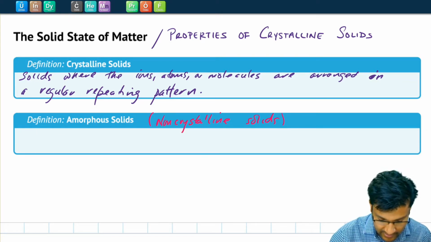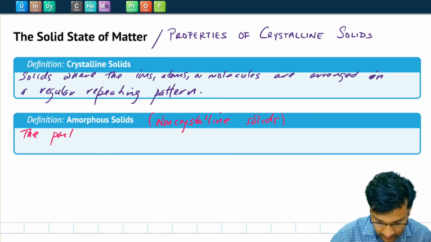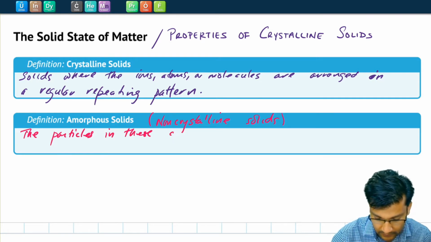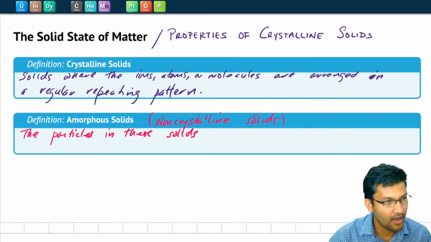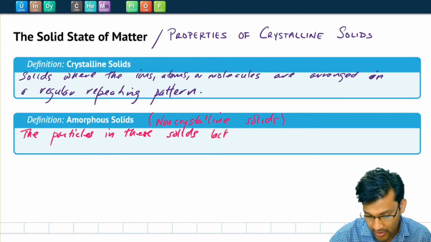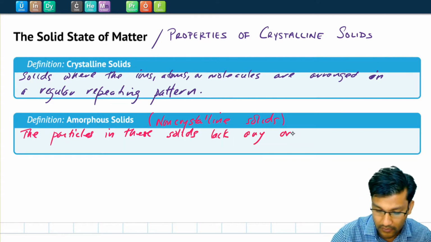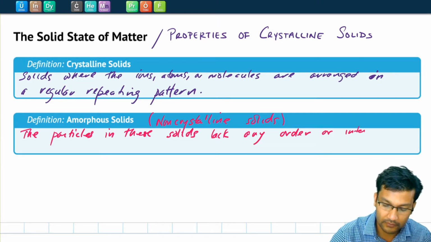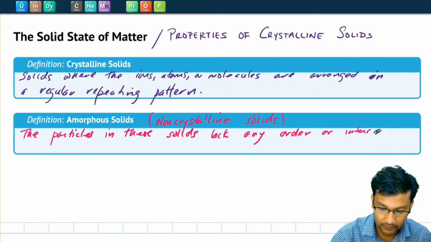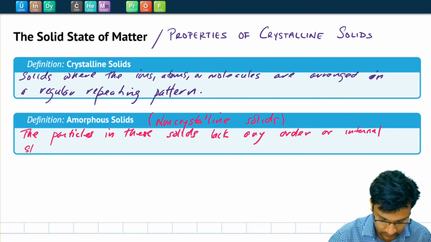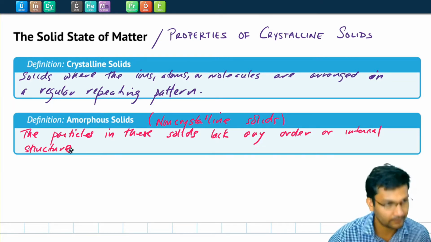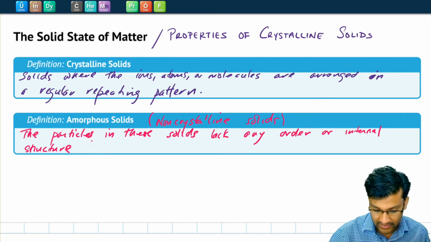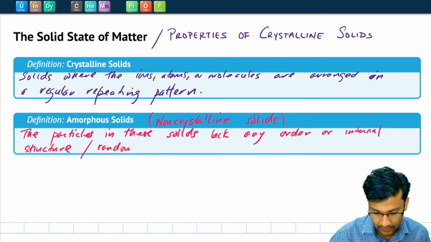And in these cases, the particles in these solids lack any order or internal structure. Basically, they're randomly arranged.